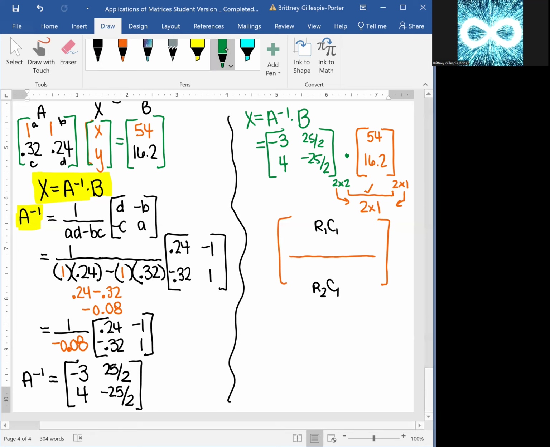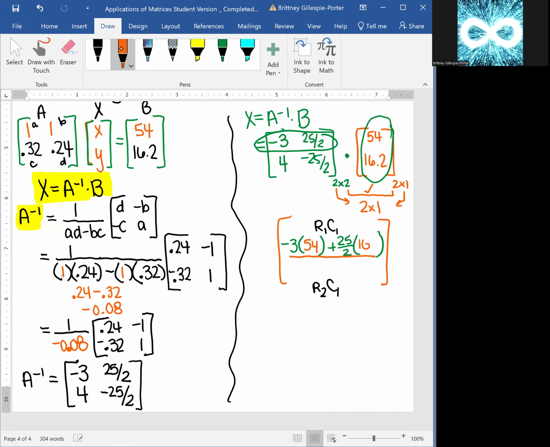Remember, RC cola. We're going to take our row times our column. So we're going to take negative 3 times 54, because they both came first, plus 25 over 2 times 16.2, because they came second in our circled rows and columns.